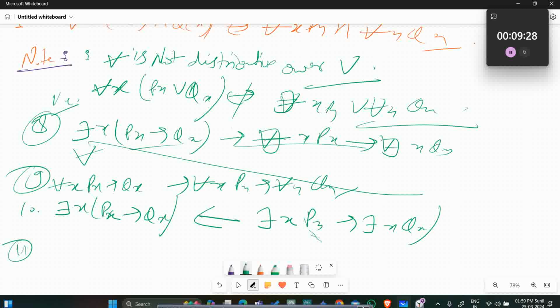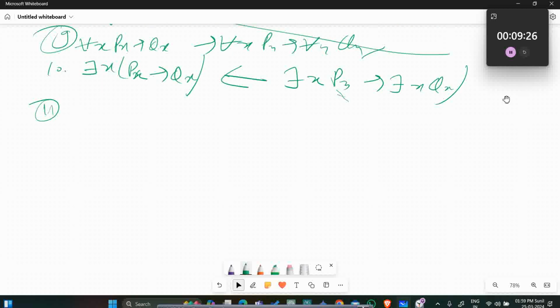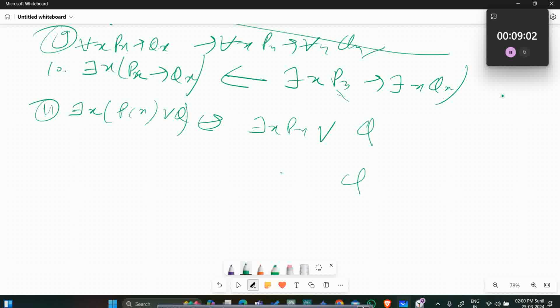Next note, 11, is: there exists some x for which P(x) or Q(x) is equivalent to there exists some x, P(x) or there exists some x, Q(x). Alright.